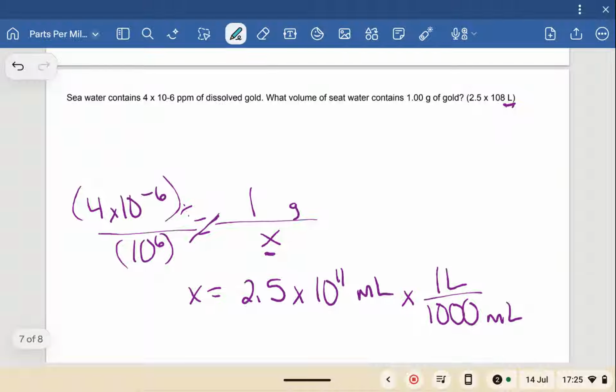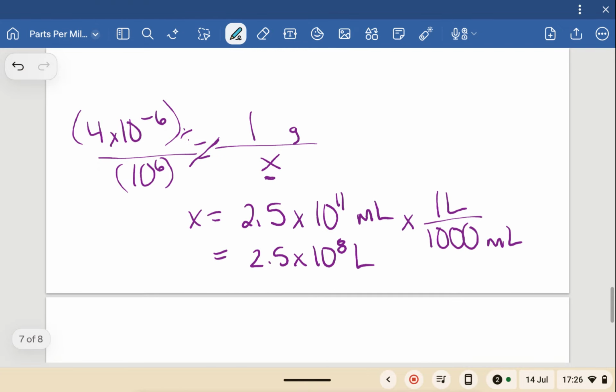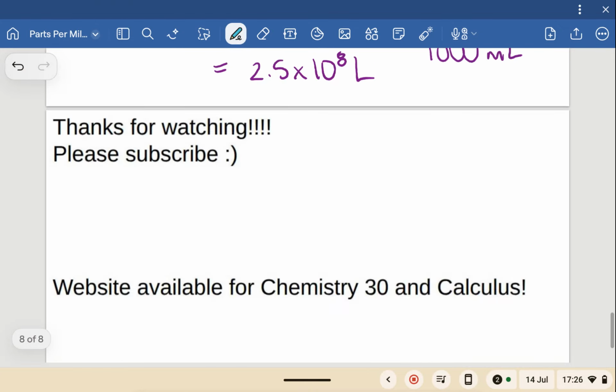And if you do that, you'll have that answer that you're looking for there, 2.5 times 10 to the power of 8 liters. Notice that this value should have been an exponent. So we have everything we need. We just had to make that one extra conversion because that answer wasn't given in milliliters, it was given in liters.